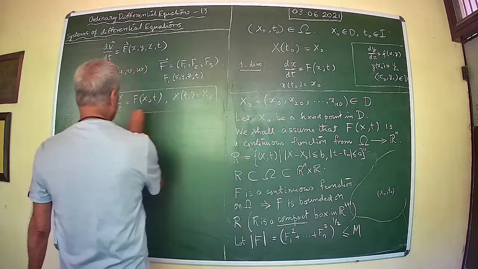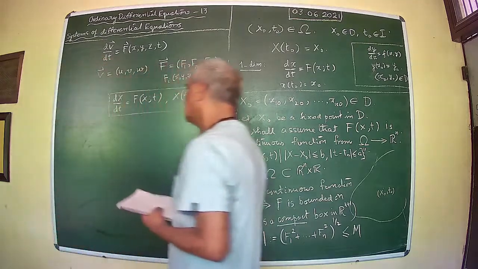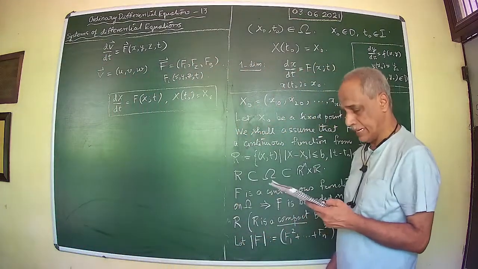This is the initial value problem. What do you mean by an approximate solution?